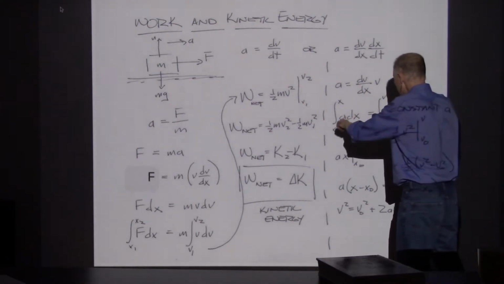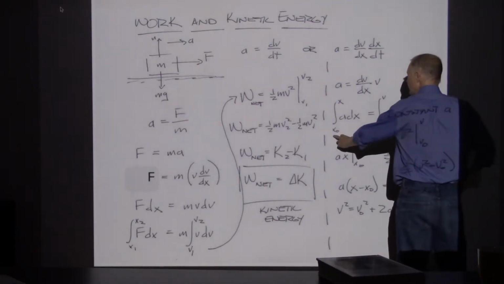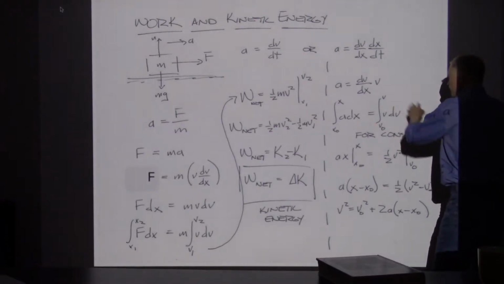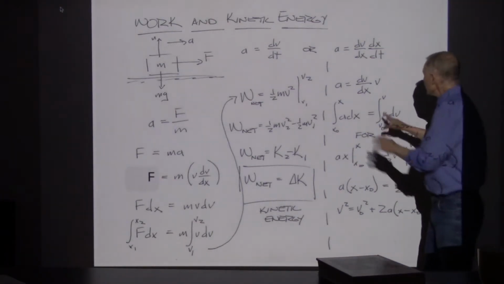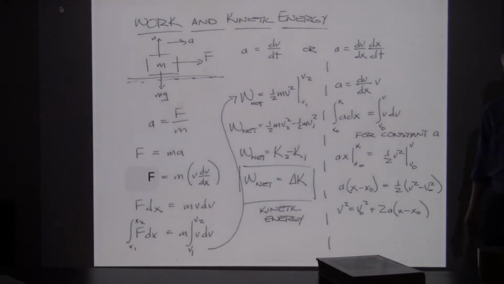And we can integrate both of those from x naught to x, and I'll integrate from v naught to v, and we're going to do this for a constant a. So if a is constant, now this is a general formula here, but let's imagine that we have constant acceleration going on.